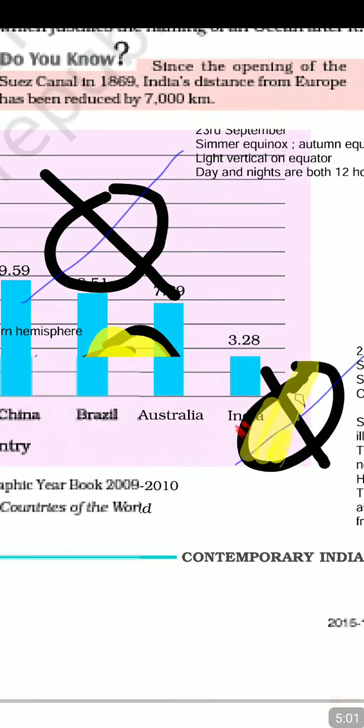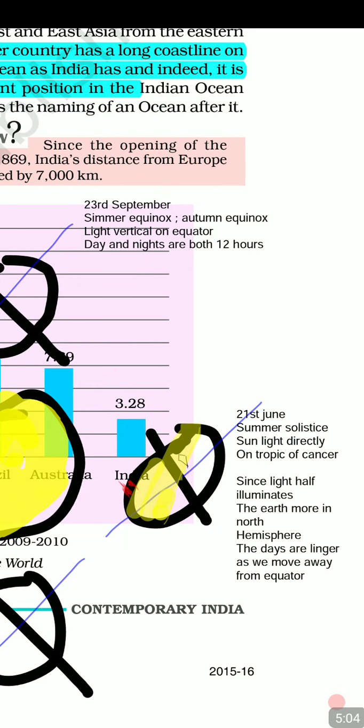As you can see, as we go from south to north, the time period the northern part of India spends in the light during the summer solstice is more, and the time period the southern part of India spends is less, owing to the fact that the illumination circle is more towards the north, right? So this is the case of 21st June.